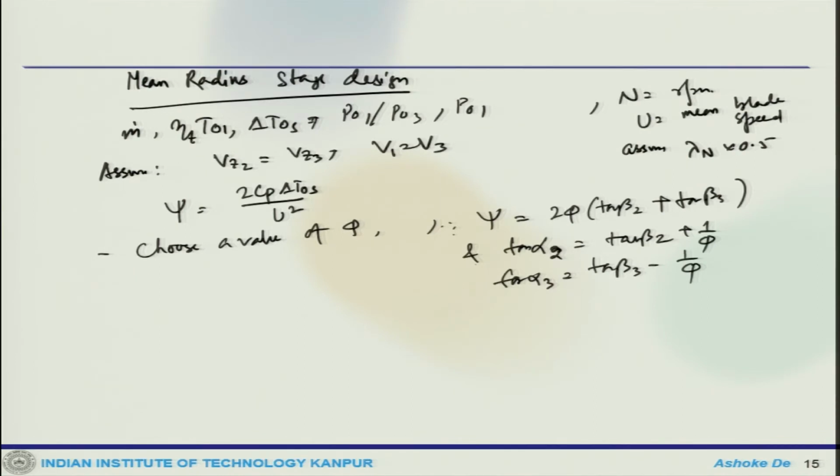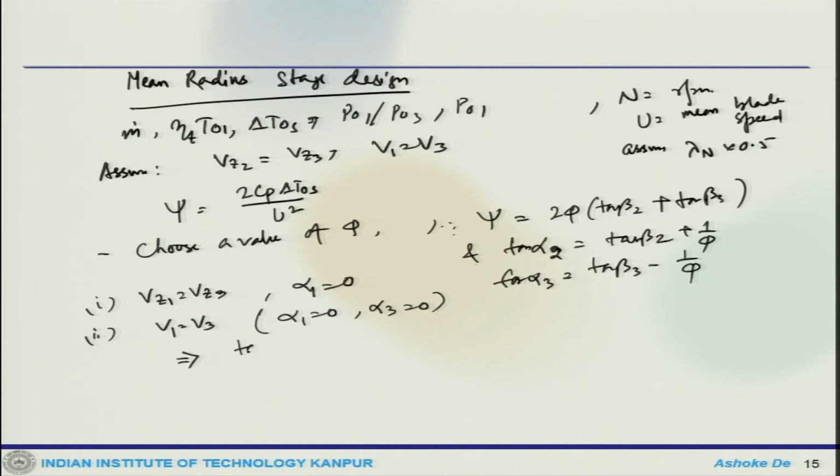Now, if we consider a single stage turbine and we have Vz1 equals Vz3, right. So, it has to be single stage and the inlet is axial. So, alpha 1 is 0 and V1 equals V3, which means alpha 1 is 0 and alpha 3 is also 0.